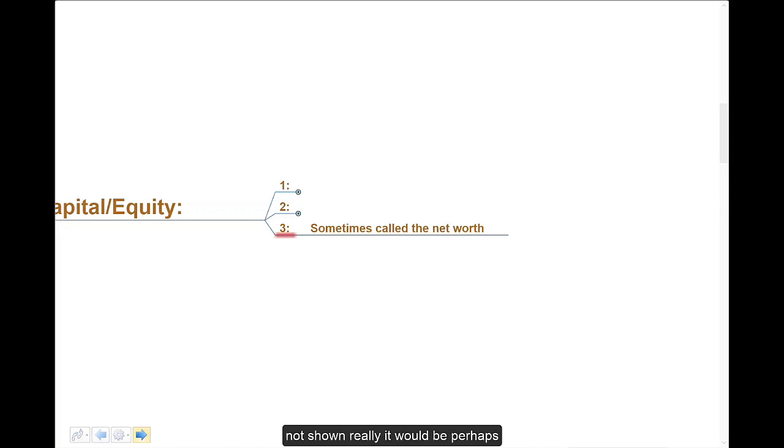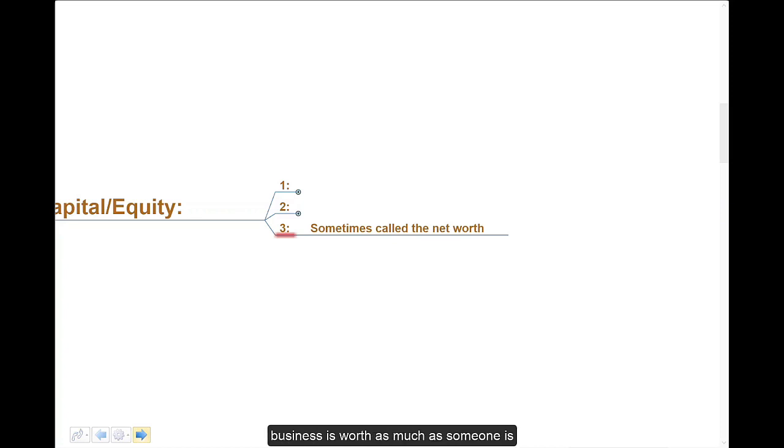It would be perhaps some intangible, e.g., let's say, goodwill. So when you're looking at a business, you look at a balance sheet and say, okay, well, there's the assets, they're $1 million. There's the liabilities, they're 500,000. Therefore, the net worth of this business is 500,000. Well, technically, yes, based on the numbers.